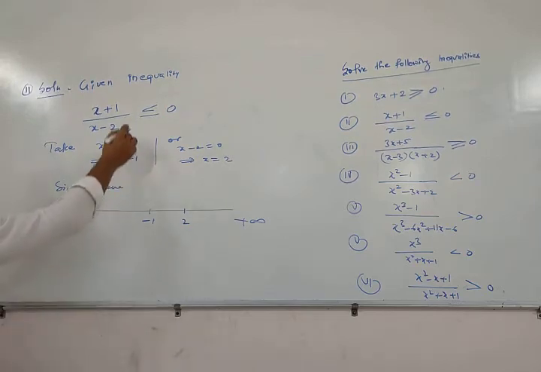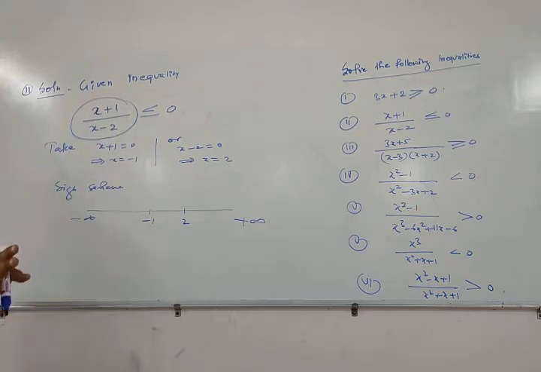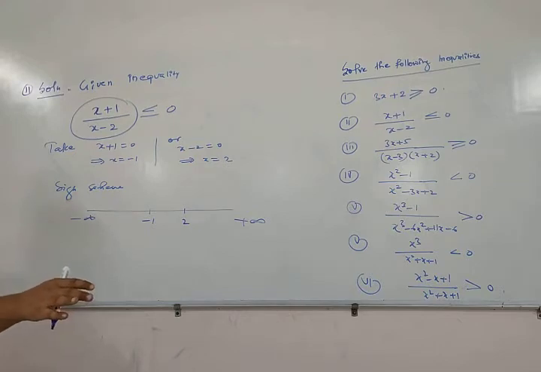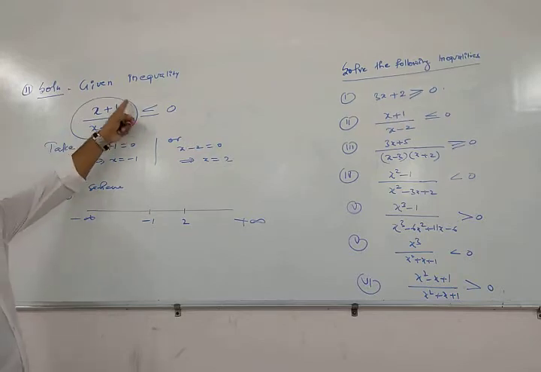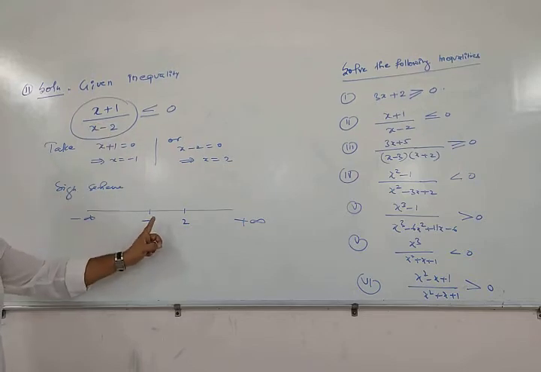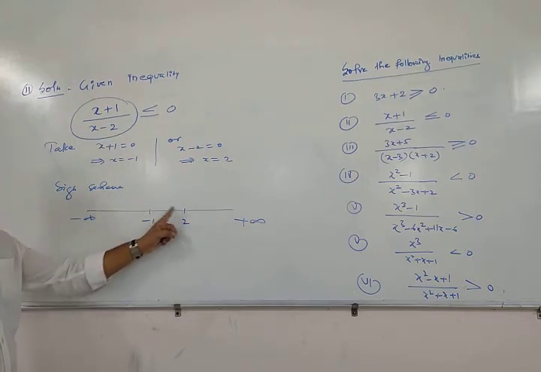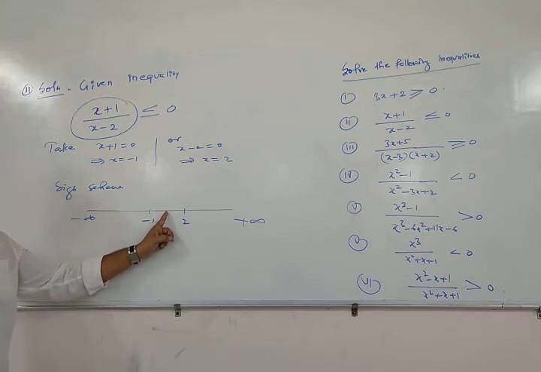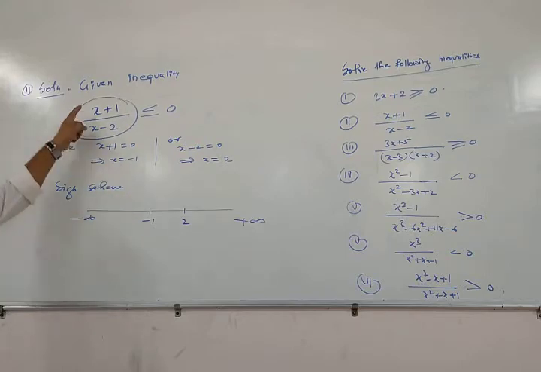Now we have to find the sign of this rational expression in one of the intervals. In the last session, we have seen how we can check the sign of a rational expression. Here there is no root at 0, so we can check the sign at an extra point.